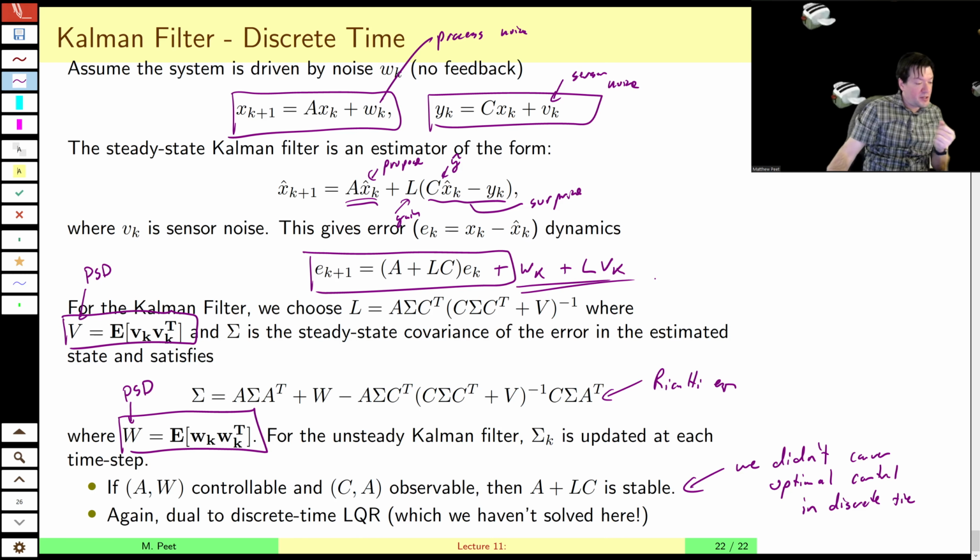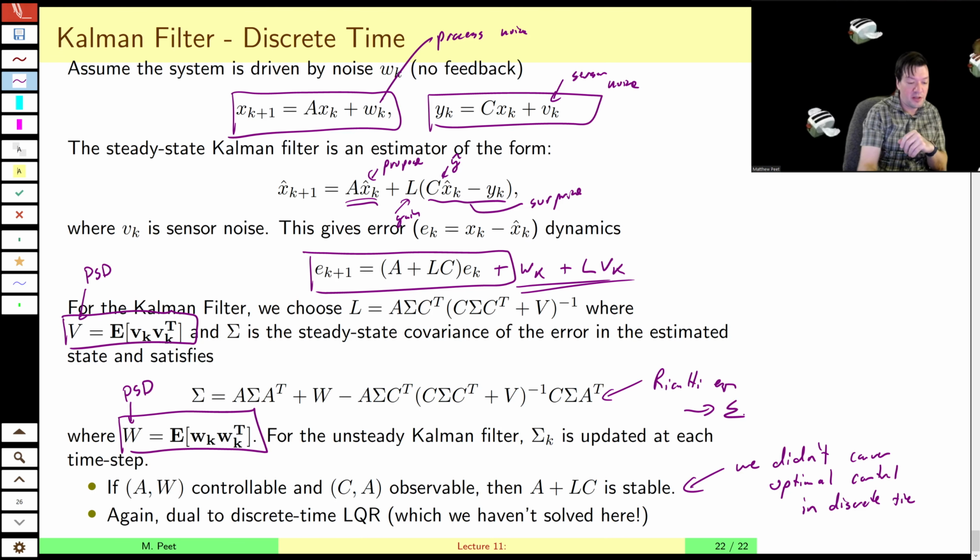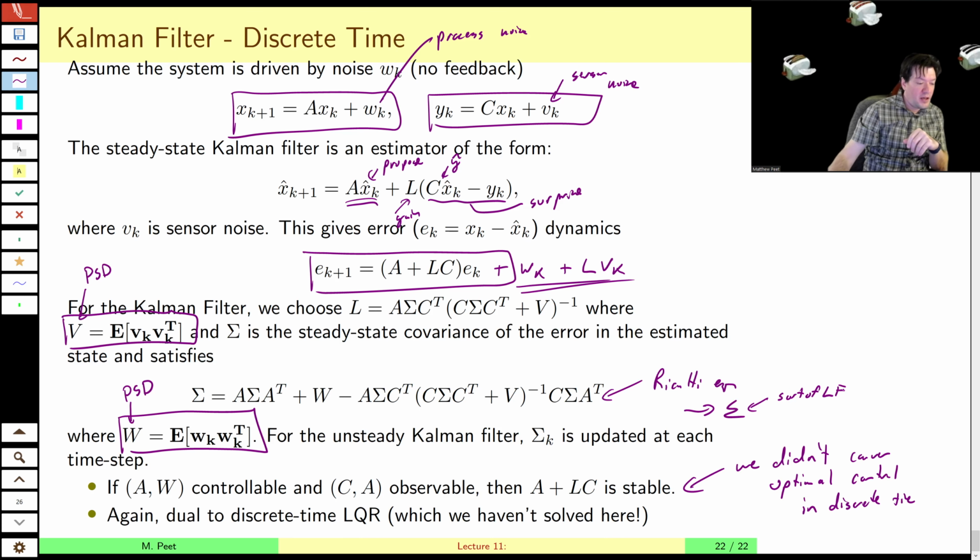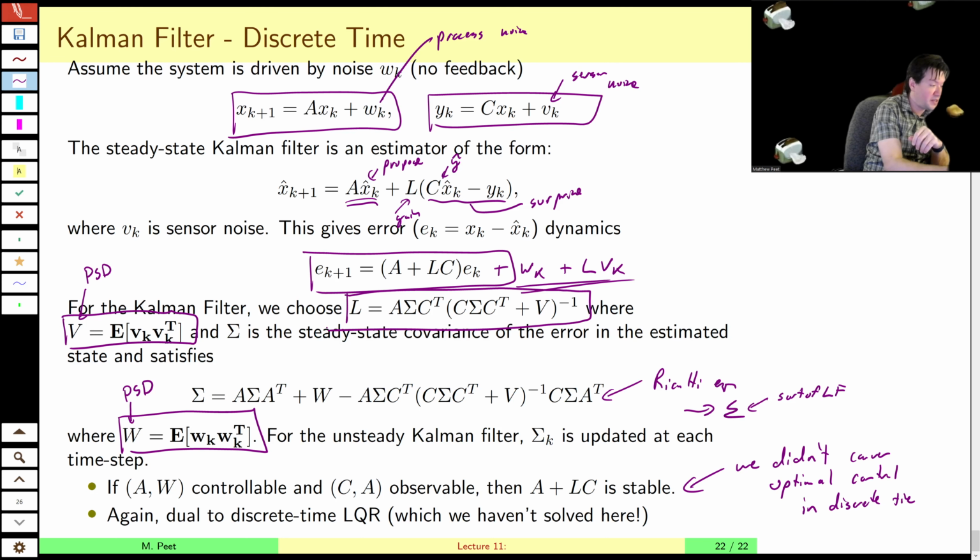So there's the error dynamics. Again, Kalman filter: we solve a Riccati equation to give us zeta, or epsilon, which is sort of a Lyapunov function. We then construct our observer gains based on that Lyapunov function, right here.